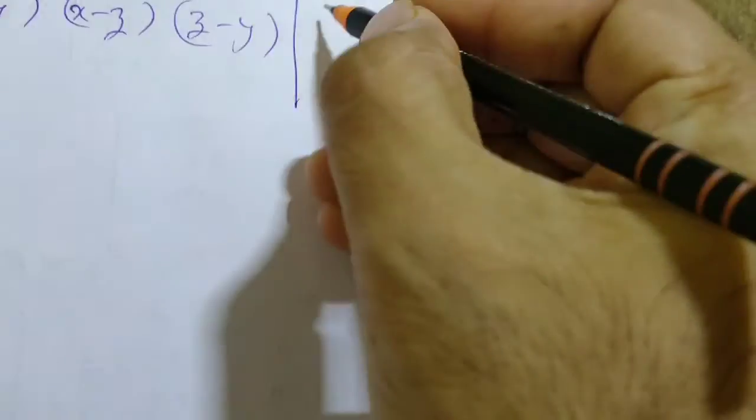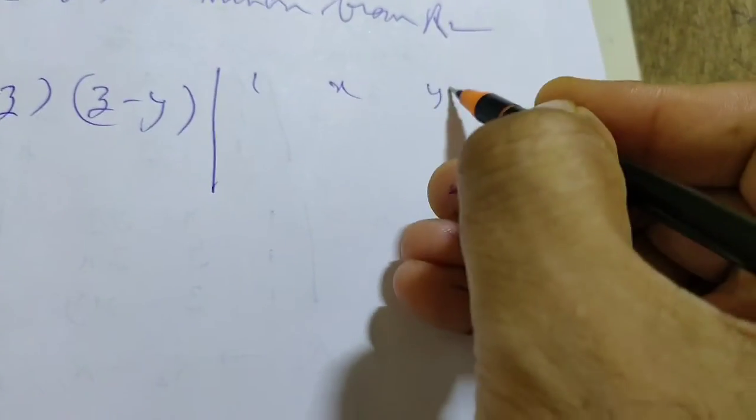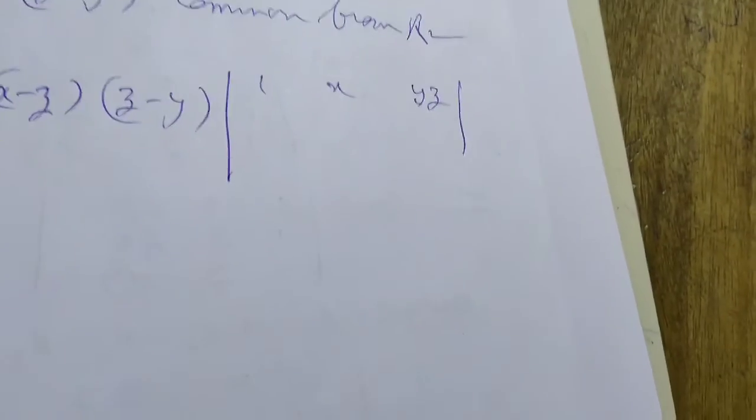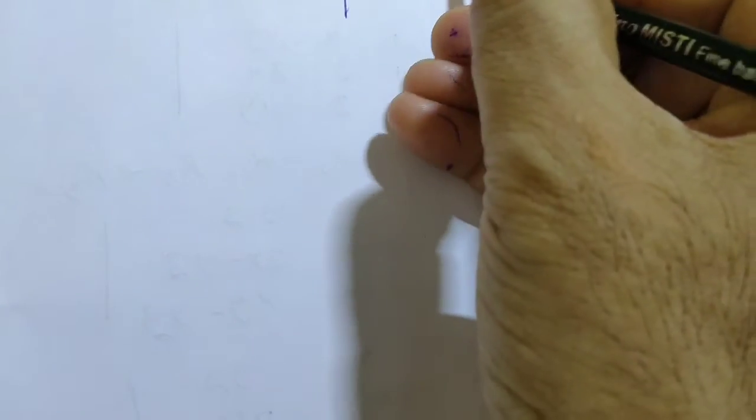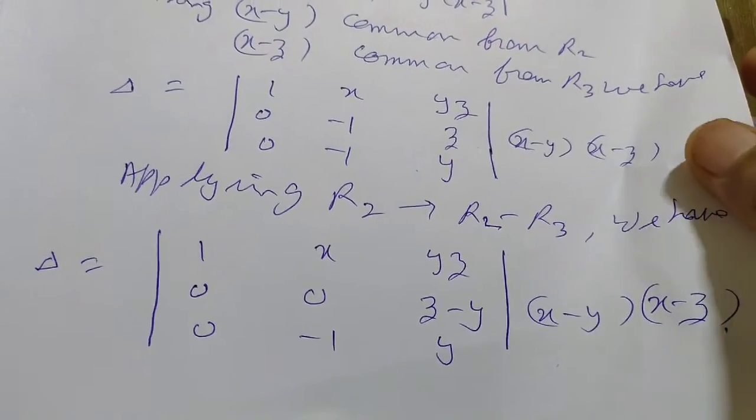First row is 1, x, yz. Then R2 will be here 0, 0 and 1. Why? Because we have taken z minus y common. And now third row is 0, minus 1, y.